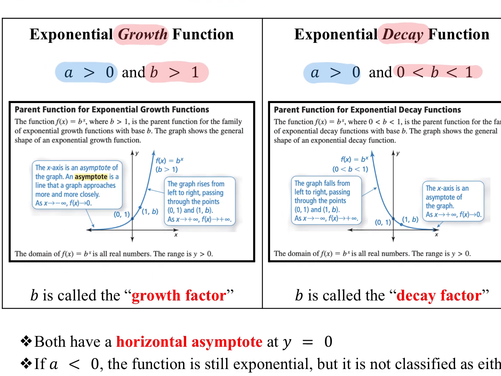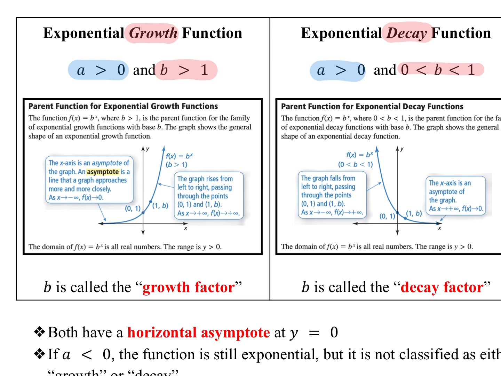Now, both of these graphs, like we saw in the warm-up, have what's called an asymptote. An asymptote is a line, they can be horizontal or vertical, that your graph approaches really, really closely. So you can see that both of these graphs have horizontal asymptotes at y equals 0.